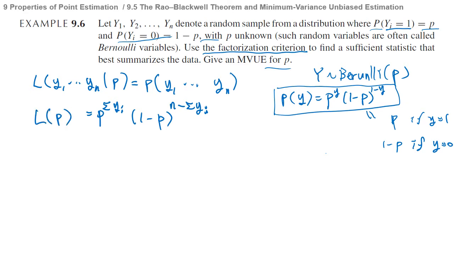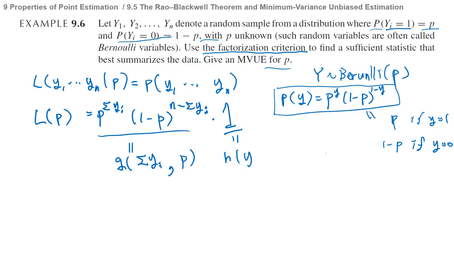We can write it as g of sum of yi comma p, times 1, and the remaining part is our h of y1 to yn.